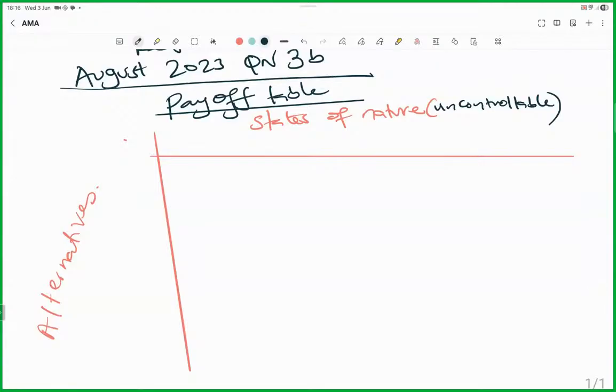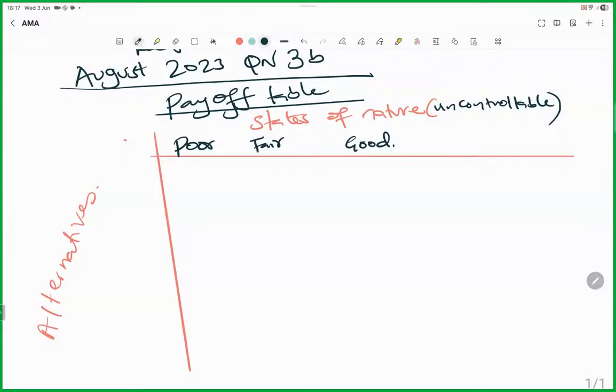But if it starts to rain, it's beyond our control. So states of nature are beyond us. You can see in this case there are 3 of them: poor, fair, and good.